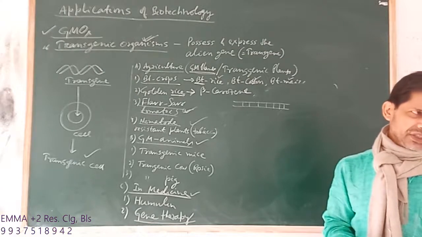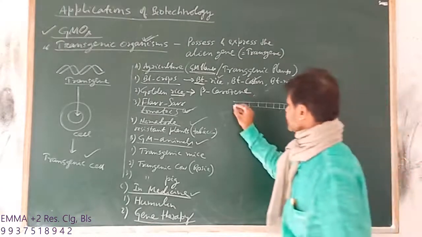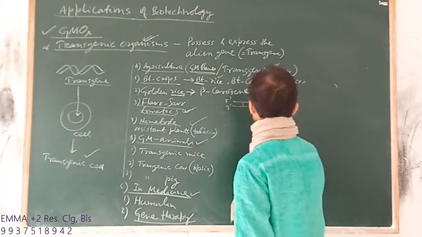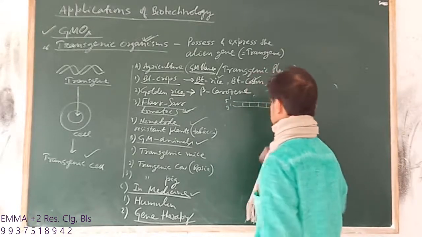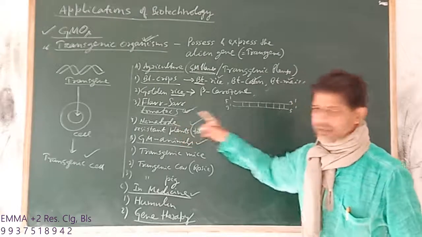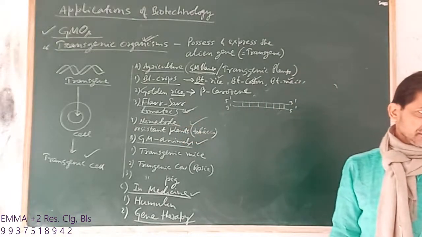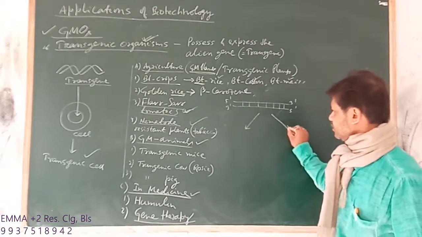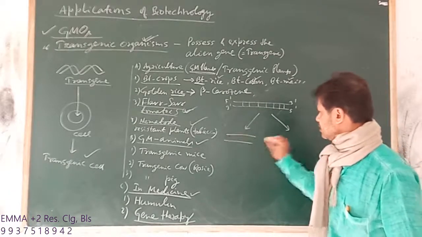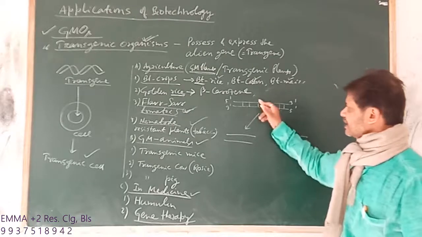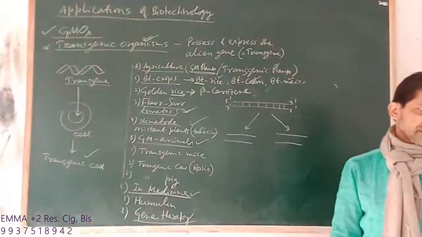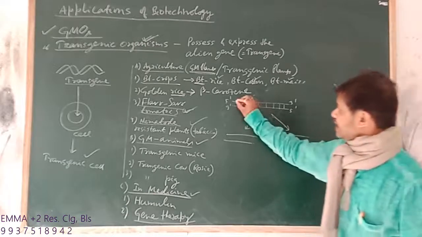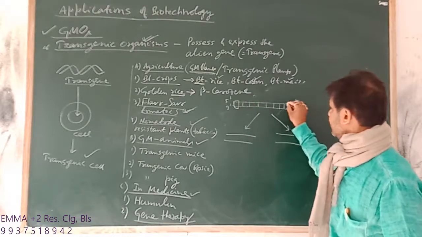That's why scientists introduce the gene belonging to nematode, the Meloidogyne gene. This Meloidogyne gene is introduced such that two strands will be expressed. Recall your molecular biology. Every gene has a promoter and terminator.